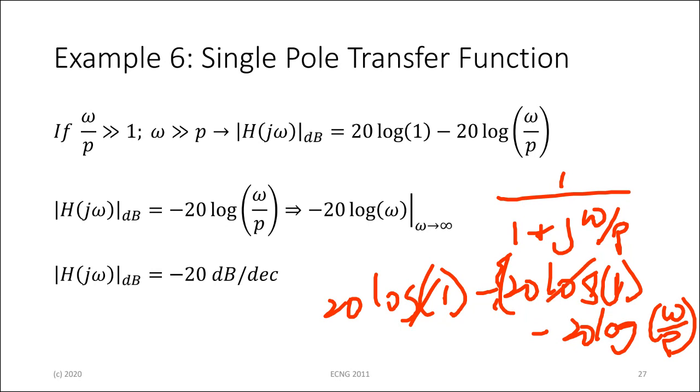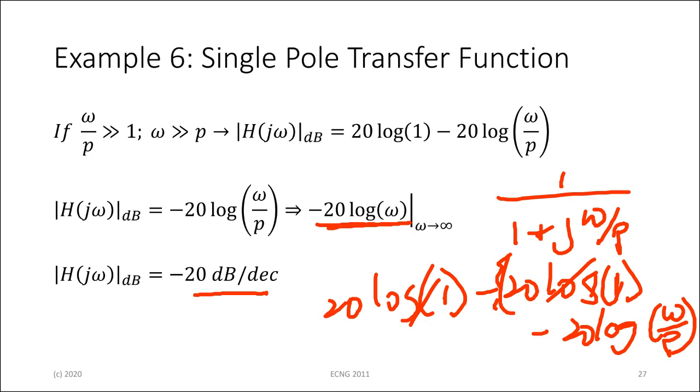But what basically is happening is that as omega gets very big, the transfer function in decibels behaves as minus 20 log of omega. Minus 20 log of omega is a line that is decreasing at minus 20 dB per decade. We went through that. That's a first order pole right there.